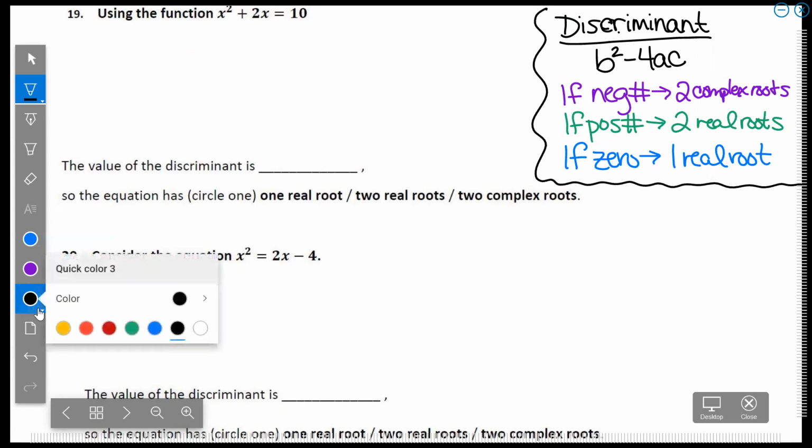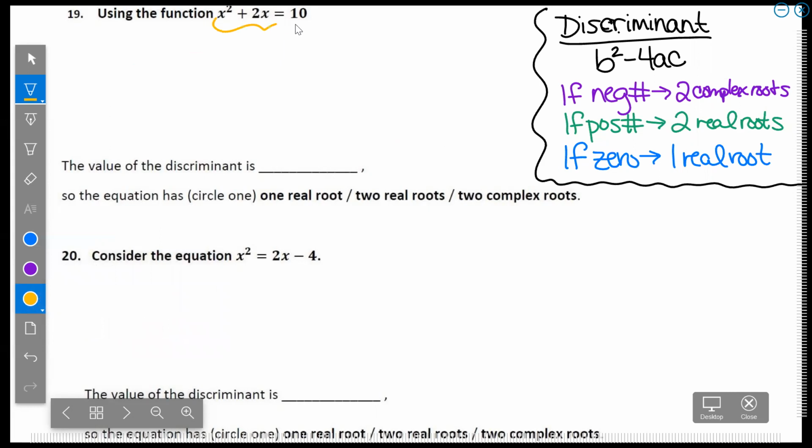Before I can do b squared minus 4ac, this right here must be equal to 0. I cannot get the right A, B, and C values if it's not equal to 0 first.